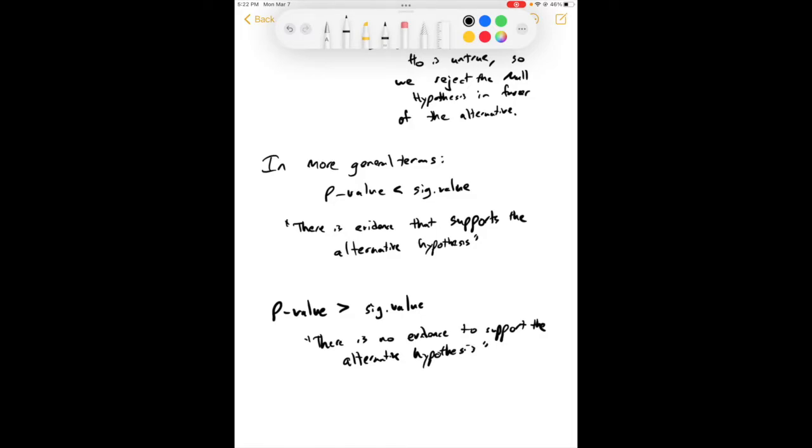And there you go. That's basically how you would go about drawing statistical inference from a linear regression hypothesis test.